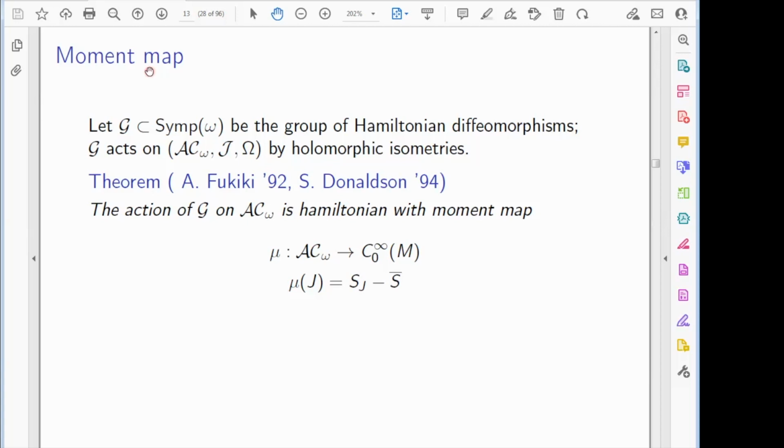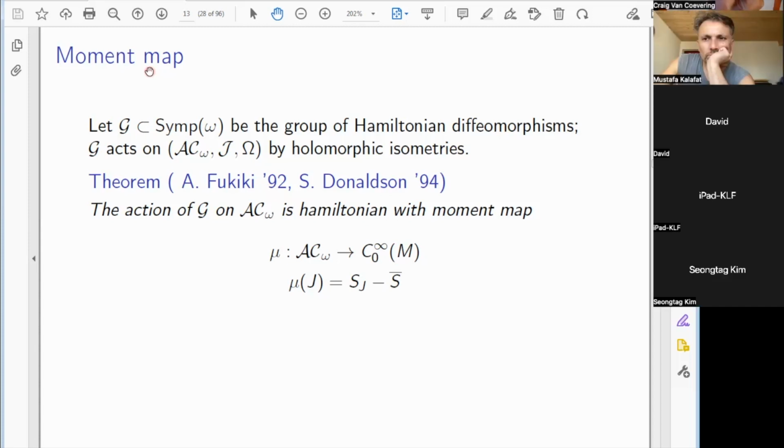So a symplectic automorphism is Hamiltonian if there is an isotopy, so a path of symplectomorphisms connecting it to the identity.